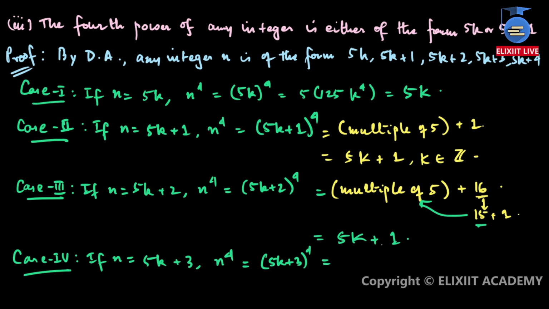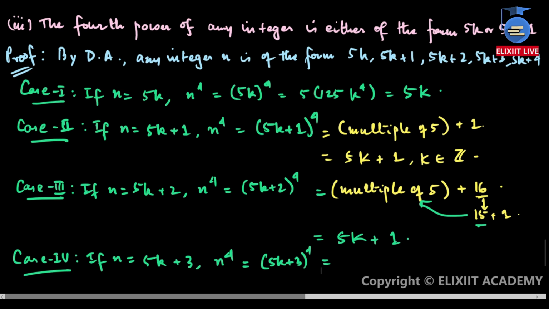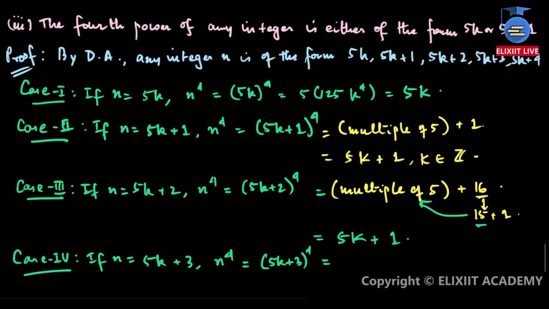Now, if you expand this thing, you will get a multiple of 5 plus 3 to the power 4, which is 81. 9 square, which is 81. Clear? Multiple of 5 plus 81.